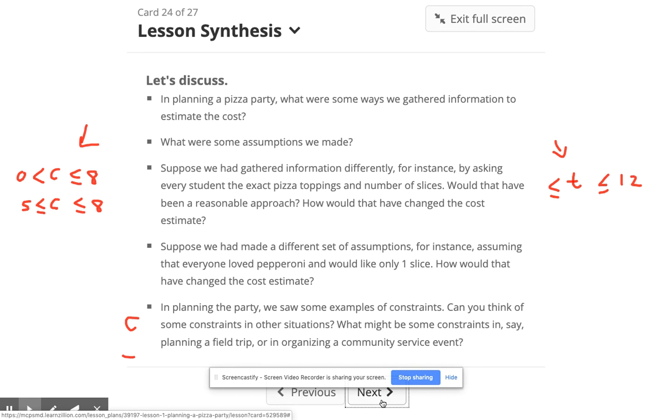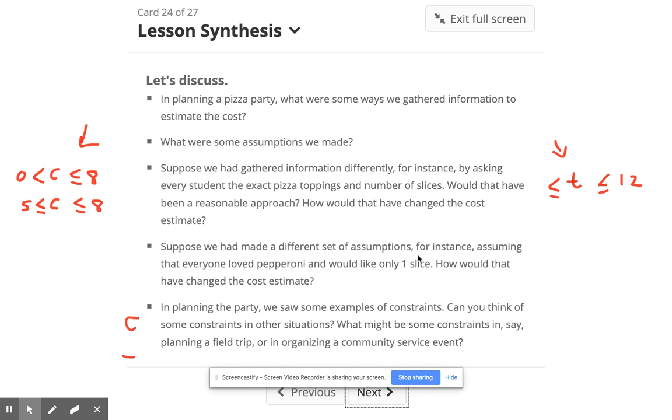Let's say we assumed everybody loved pepperoni and would like only one slice. How could that change the estimate? Well, first off, if we assume everybody likes pepperoni, we have some people who don't eat meat, so some of our kids might not be able to participate, or with one slice they might still be hungry. But if we knew everybody liked pepperoni and only wanted one slice, that would change our cost estimate dramatically, to decrease, right?